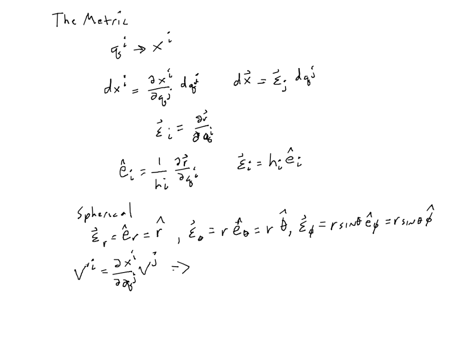We can rewrite that as saying that v prime is equal to vj times epsilon j. So the epsilon j is the basis, and the vj is the component. And so this is a contravariant vector.